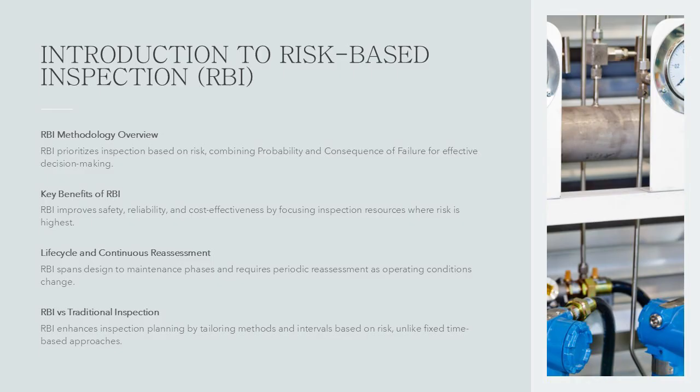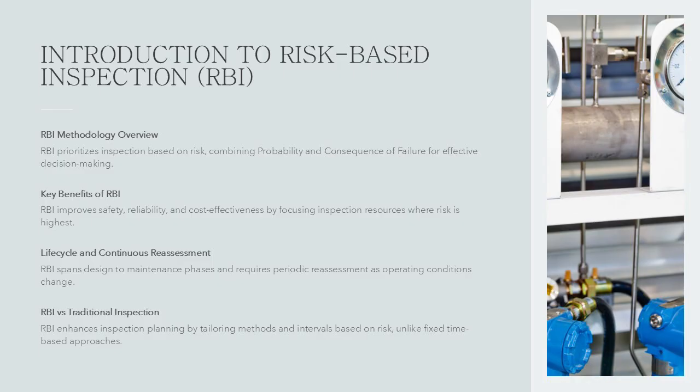As defined in API recommended practices such as API RP 580 and API RP 581, RBI integrates both the probability of failure, POF, and the consequence of failure, COF, to determine risk levels for pressure equipment, piping, and associated assets. The primary objective of RBI is to ensure that inspection resources are allocated where they provide the greatest reduction in risk, thereby improving safety, reliability, and cost-effectiveness.